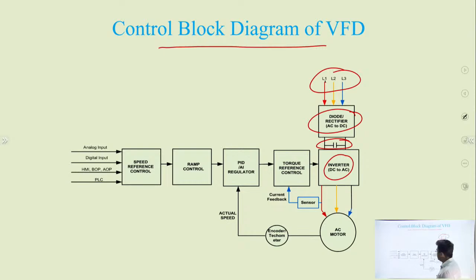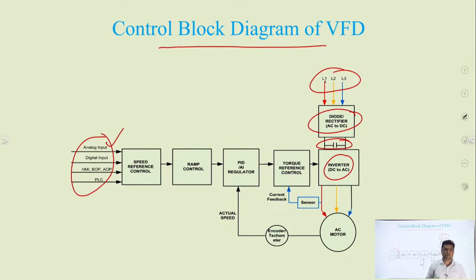Another thing to notice here is the analog input, digital input, HMI, VOP, AOP, PLC. There are different kinds of inputs for taking the speed reference control. According to our requirement and what source is available, we can put it as an analog input.